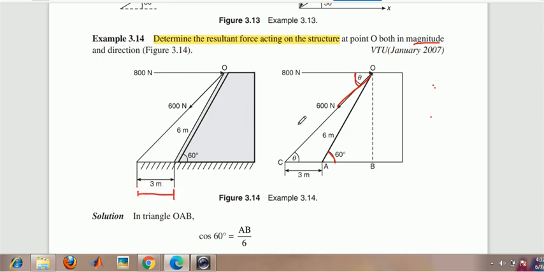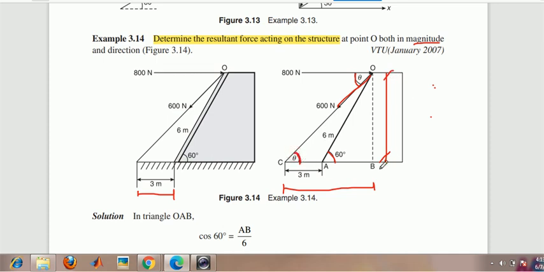So let us give the names A, B, C and O. Now by considering the triangle, you need to find out what the inclination is, that is the theta value. In order to find out this theta, what do we require? We require this entire distance, that is BC is required and OB is required, in order to find out the theta value here.